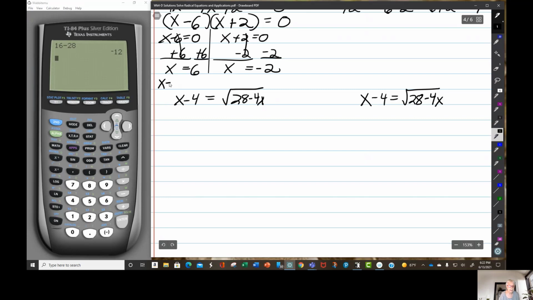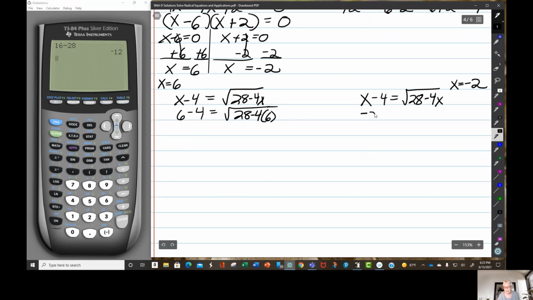So we'll have x equals 6 and x equals -2. x equals 6: 6 minus 4 equals the square root of 28 minus 4 times 6.